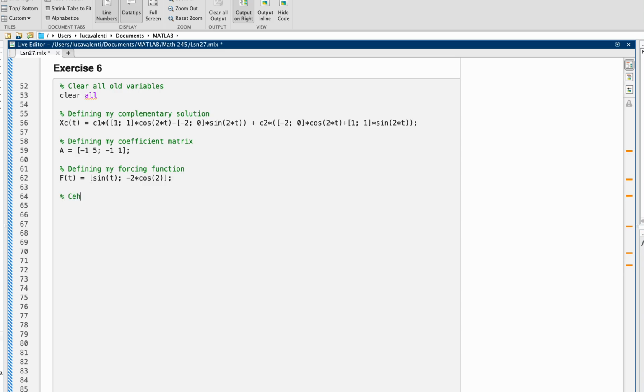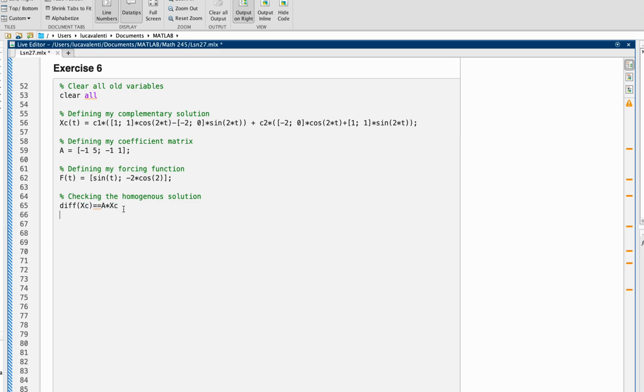Now, checking the homogeneous solution, here we want to write the derivative of xc, and we want to see if that is equal to A multiplied by xc.